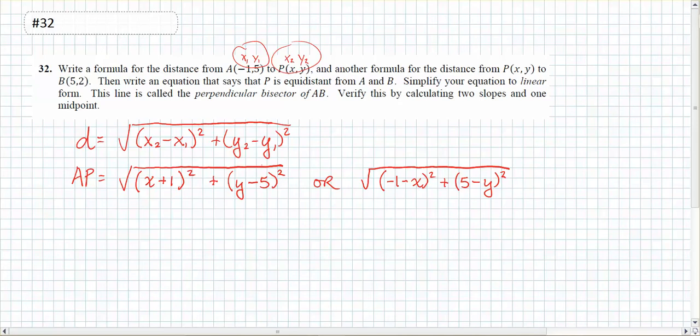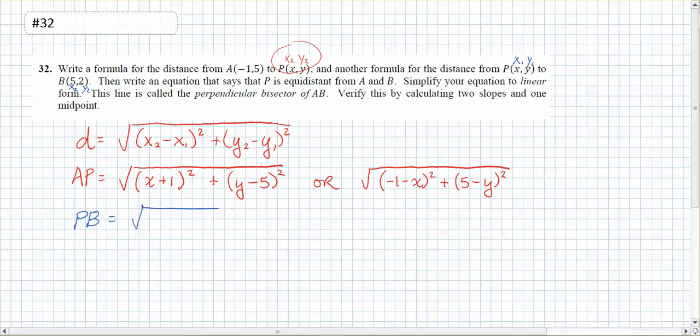The next question says, write another formula for the distance from P to B, (5, 2). Okay, so P to B, let's make this one x1, y1, and this one x2, y2.